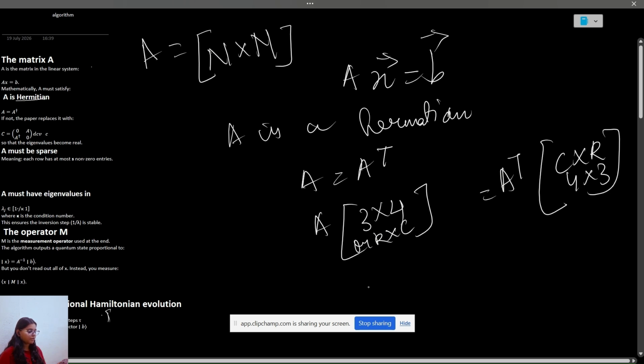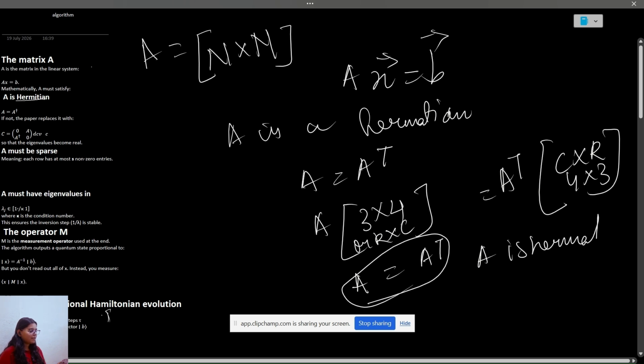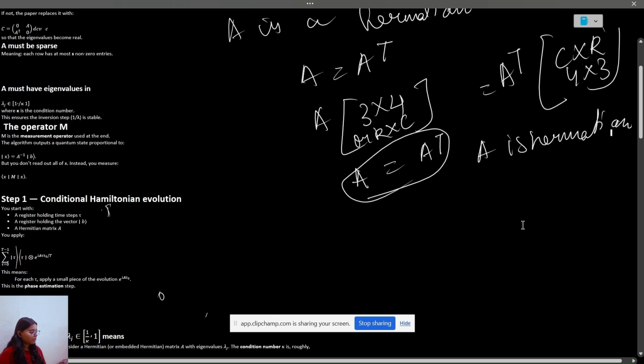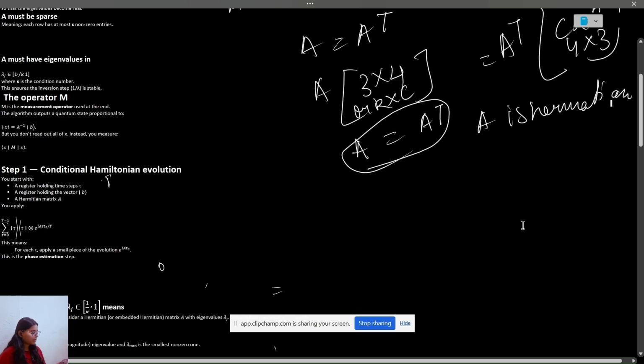So if it's 3 by 4, it will become 4 by 3. If A is equal to A transpose, A can be considered Hermitian. This is one of the most important things to get started with solving linear system equations along with quantum optimality.